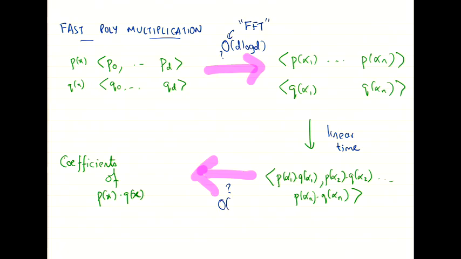So basically we have reduced multiplication to this different question of converting between these two representations. And we'll see a nice algorithm to do that. Okay? Any questions on this? So this is how you get a fast algorithm to multiply polynomials.